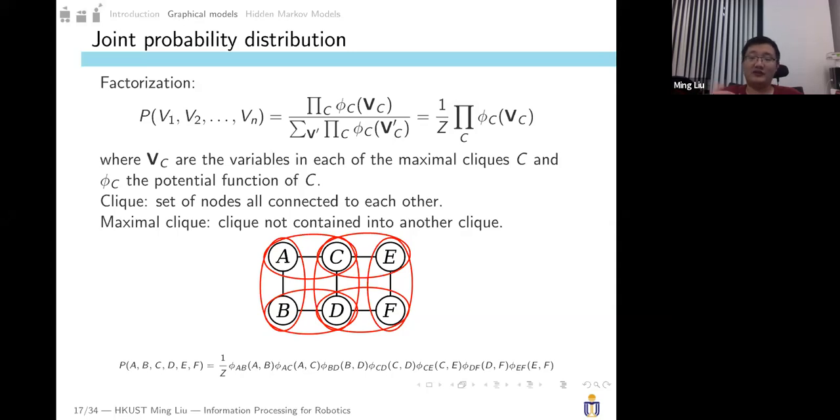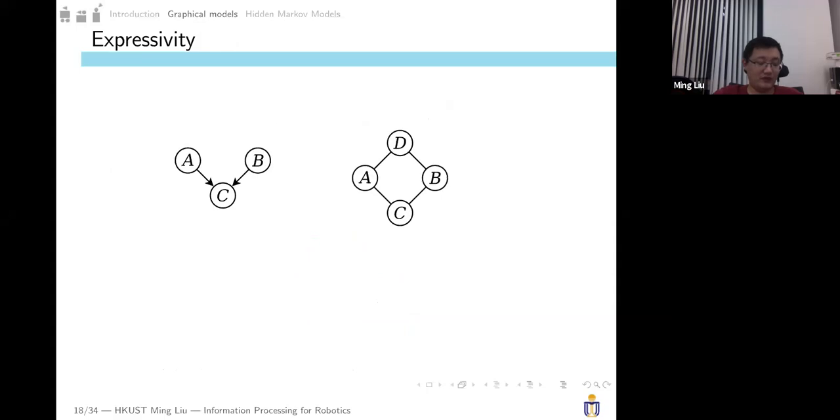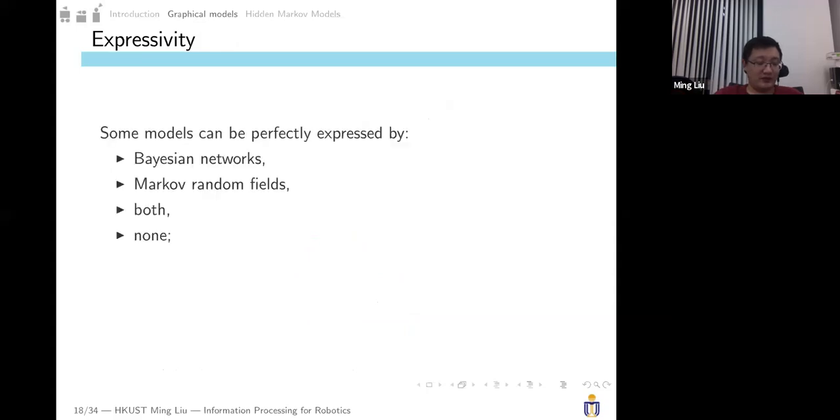Then you don't have the causal relation, and then the consequence. For expressivity, some models are preferably expressed by a Bayes network, some of them by a Markov random field. And sometimes you use both, because you can use a combined representation.